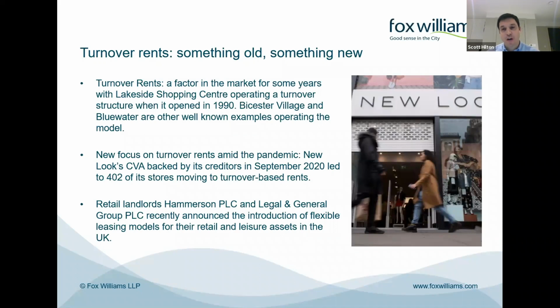But of course, turnover rents are nothing new. In fact, Lakeside has been operating a turnover model since it opened in 1990. Vista Village and Bluewater are other well-known examples operating a turnover model. In fact, turnover rents are common in airports, railway stations, shopping centres, where the landlord controls the common parts.